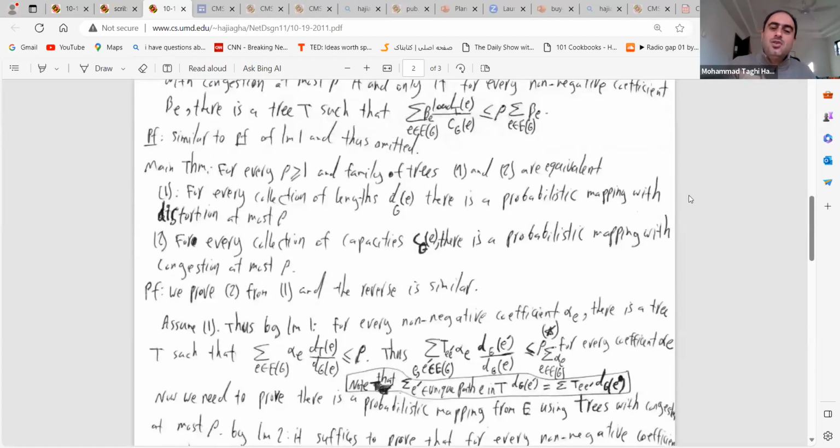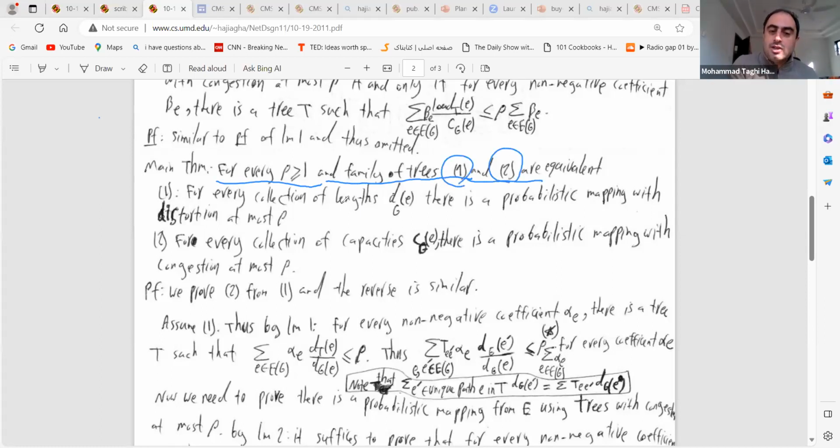Now, using these two lemmas, we have this final theorem. It says that for every rho greater than 1 and any family of trees, 1 and 2 are equivalent. What are 1 and 2? 1 and 2 are here.